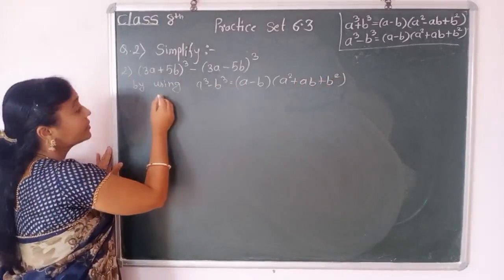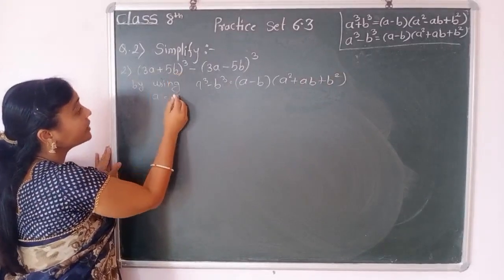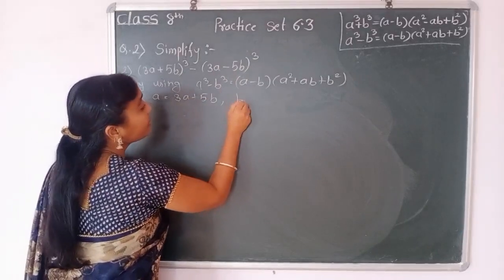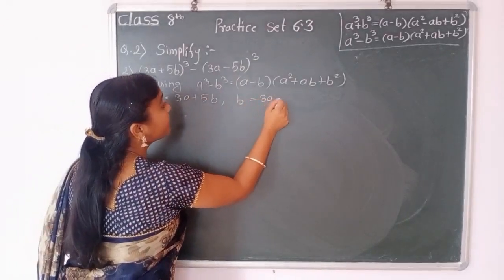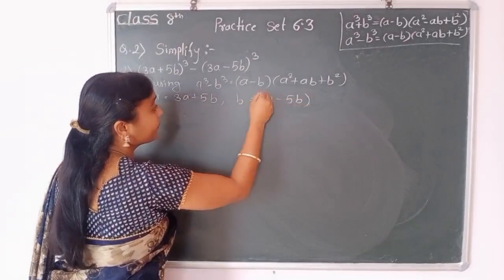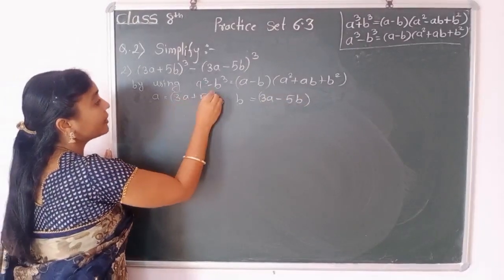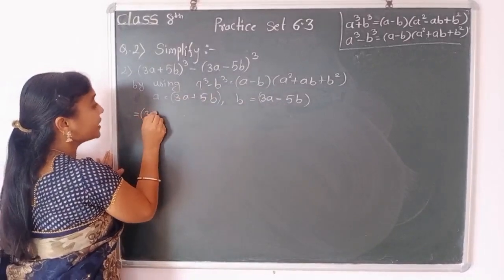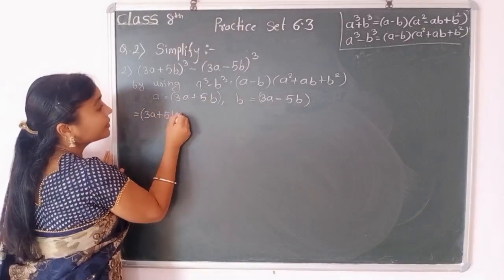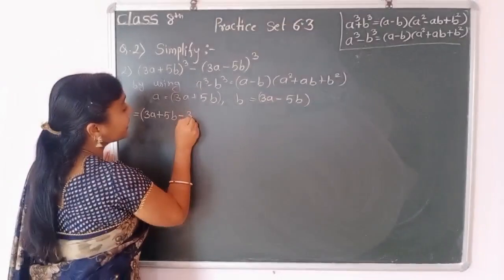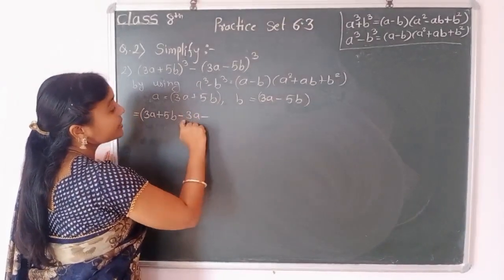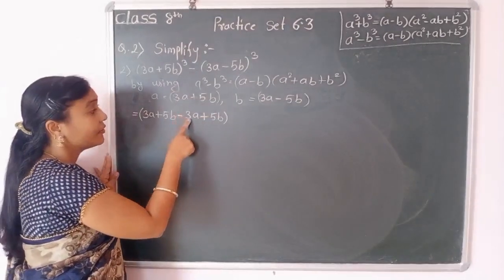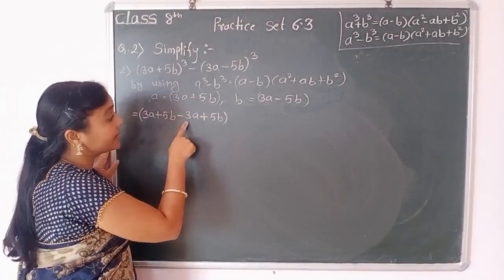You observe what is the value of a? This is the a: 3a plus 5b. And what is the value of b? b is equal to 3a minus 5b. Put these values in our formula. Then we get a minus b, meaning 3a plus 5b minus 3a minus 5b. I write down here directly: when there is a minus before the bracket, then the sign is changed.